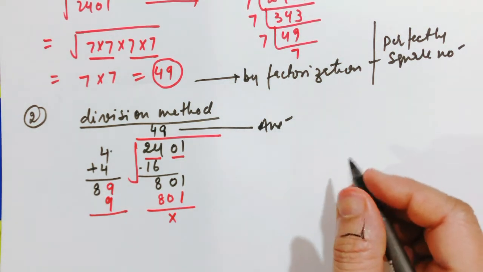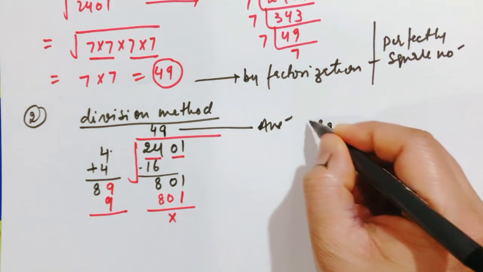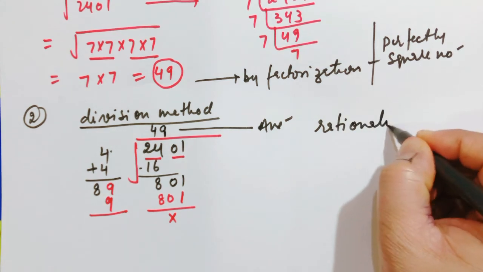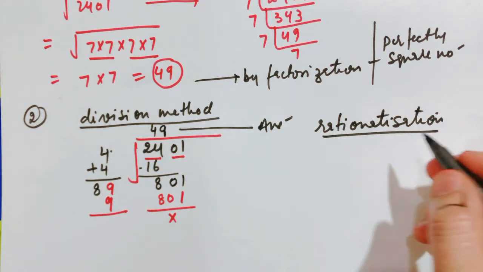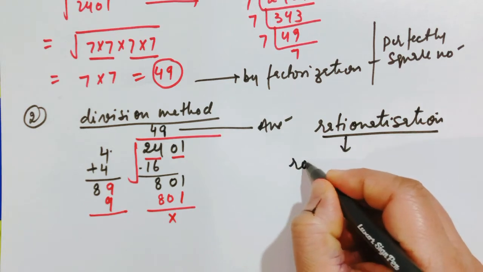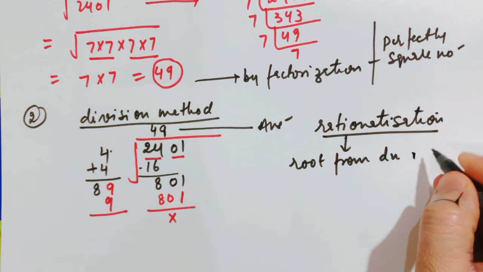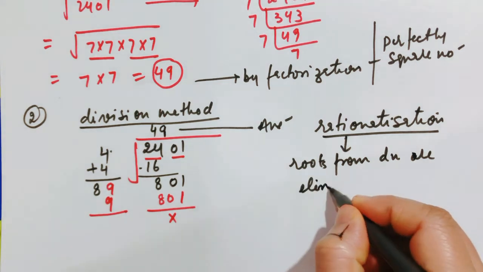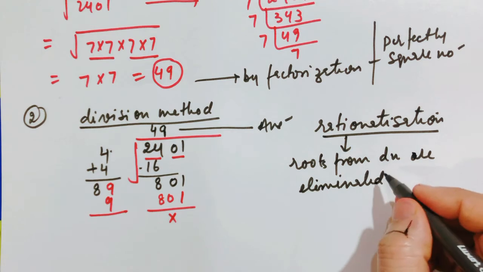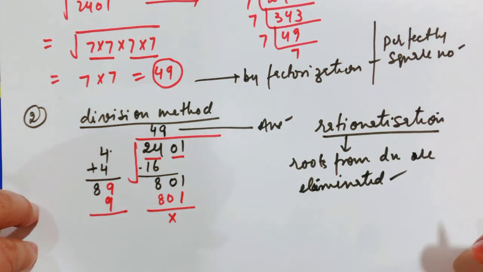Okay, now let's come to rationalization. Here we will study rationalization. What is it? Rationalization. What does rationalization mean? This means that roots from the denominator are eliminated.